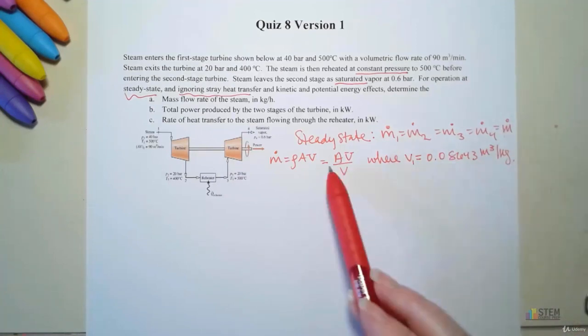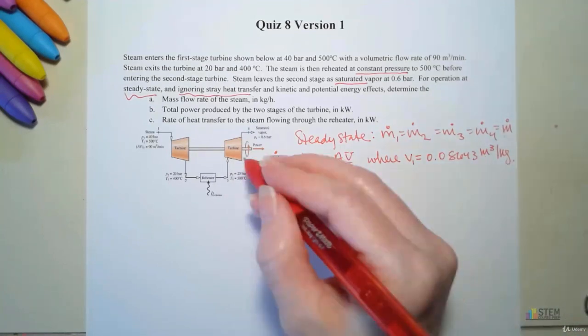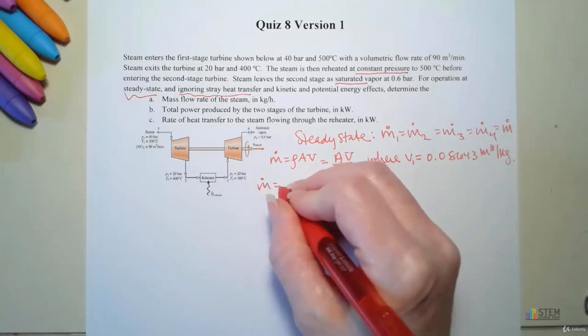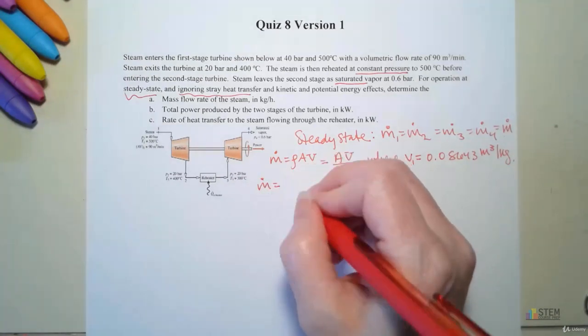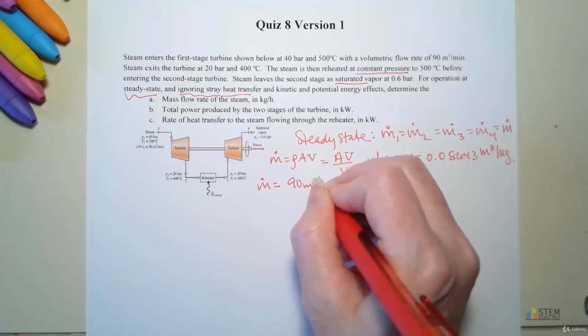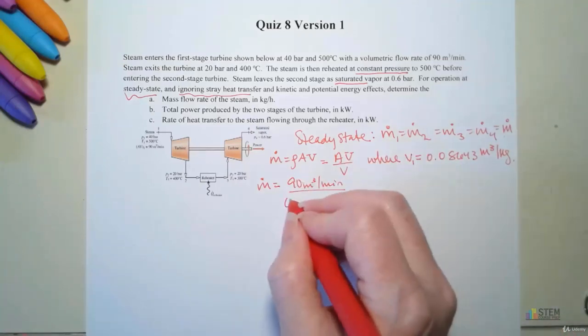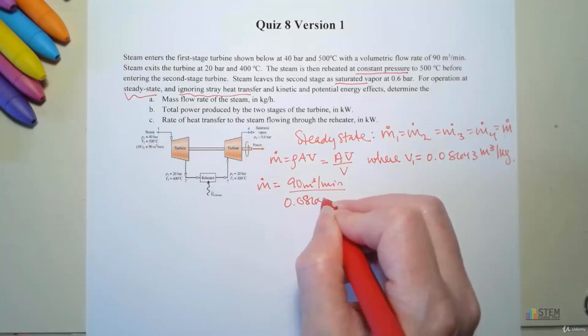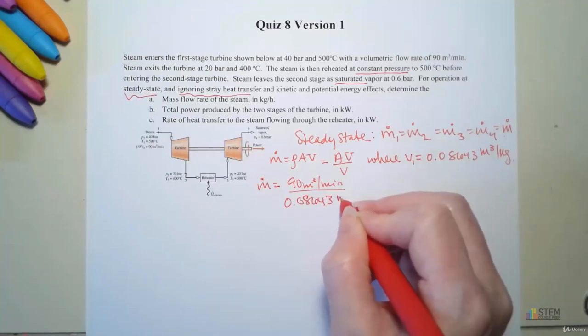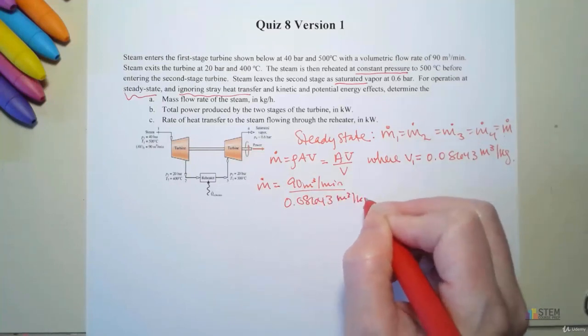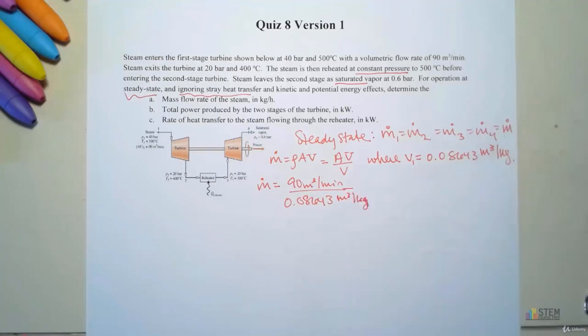Now with this, we've got all the values we need for this calculation. So we'll put m dot. That's going to be the 90 cubic meters per minute, put that over the specific volume value we just found, that's cubic meters per kilogram. Now do we want to leave those units?